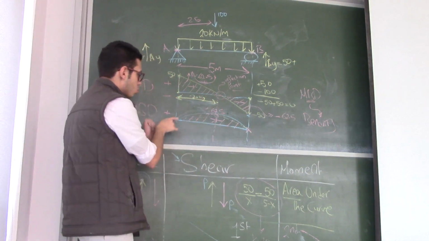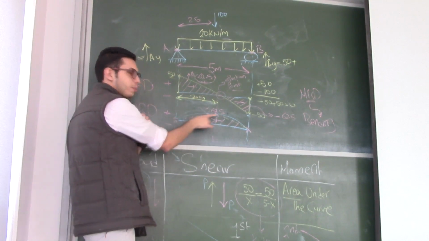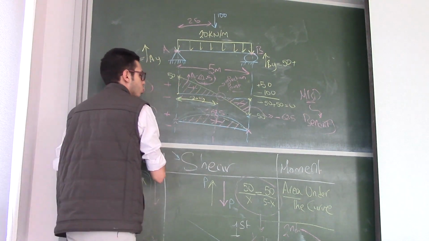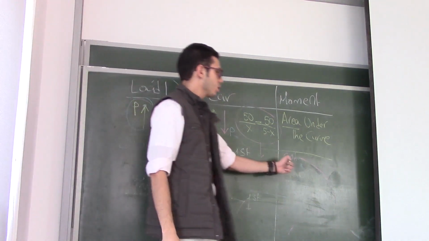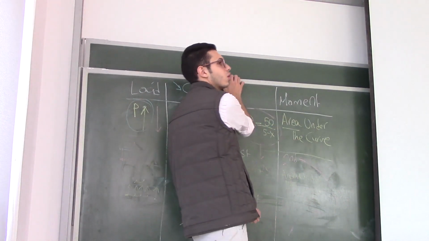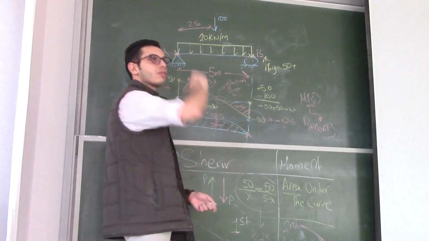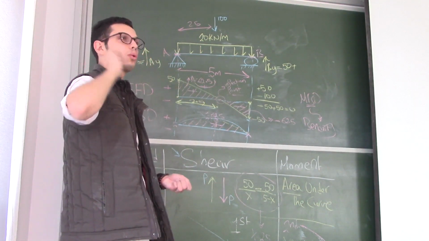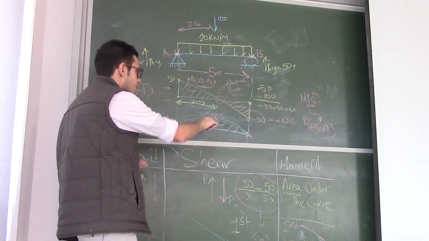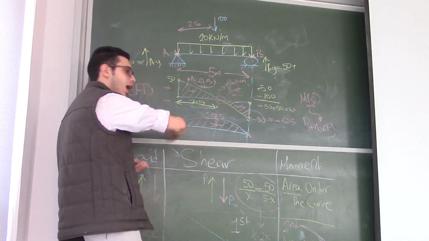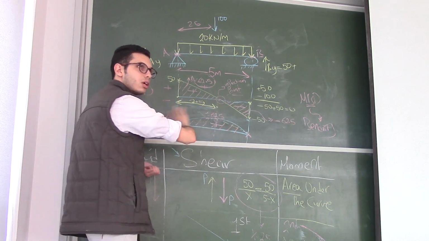Now I should move from here to here. And according to the rule, because I have a distributed load, I should move like a second degree curve. Second degree means a curve. To draw it always correctly for the moment, just imagine that you have a line and draw it up to it, okay?